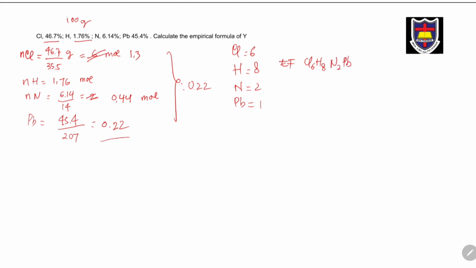If we count the Mr: 6 times 35.5, the Ar of Cl, plus 8 times 1, plus N 2 times 14, plus Pb 207.